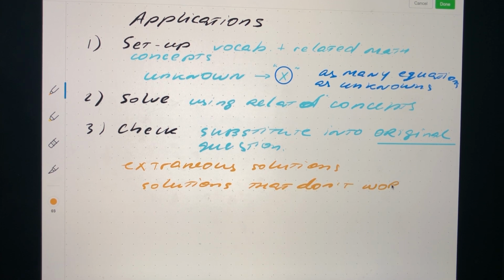So we must go back and see, do we have any of those? And if we do, we have to toss them out and make sure we don't include them in the solutions, because they don't actually work. So squaring both sides oftentimes adds extraneous solutions. Working with logarithms oftentimes adds extraneous solutions. There are other situations where that happens as well. So to make sure we don't run into one of those, we go back and check.